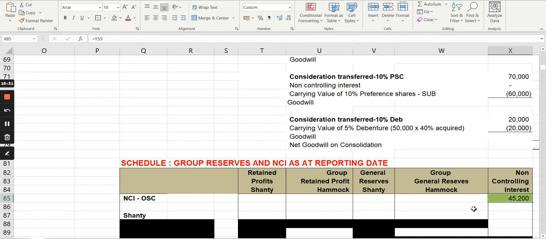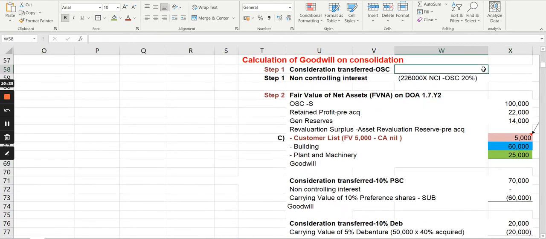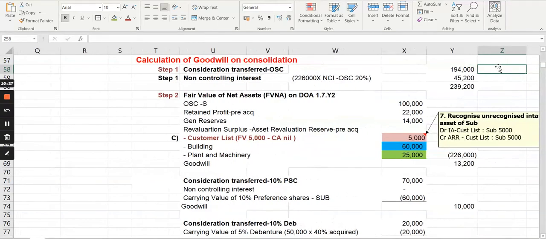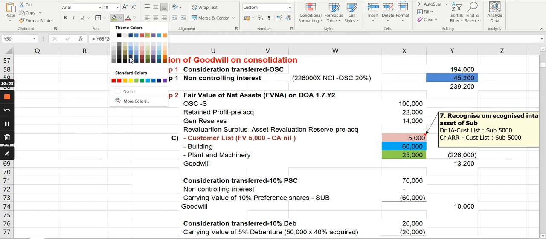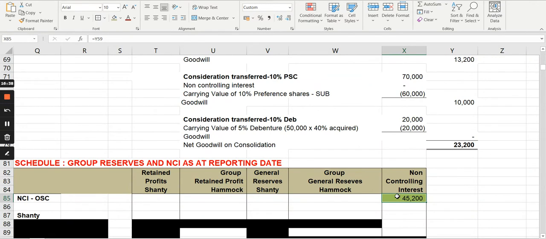I take this color, 45,200, and that 45,200 comes from this calculation. I hope you won't confuse it with other colors. In case you have non-controlling interest for preference shares, list it here as well.